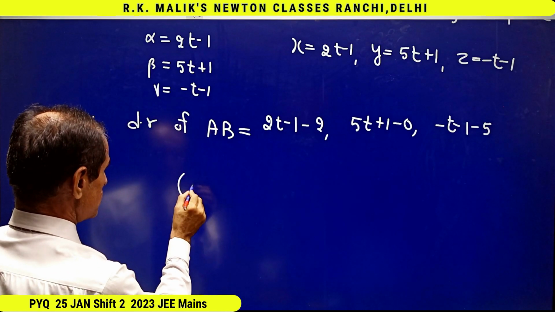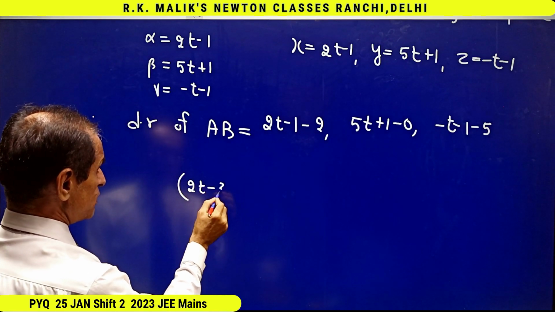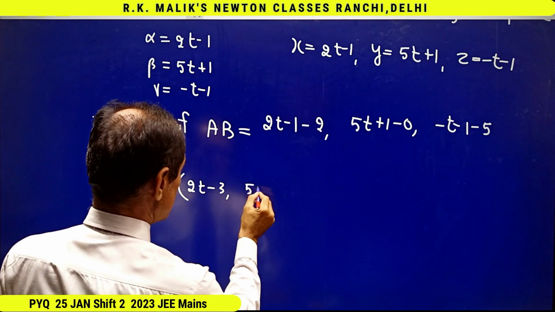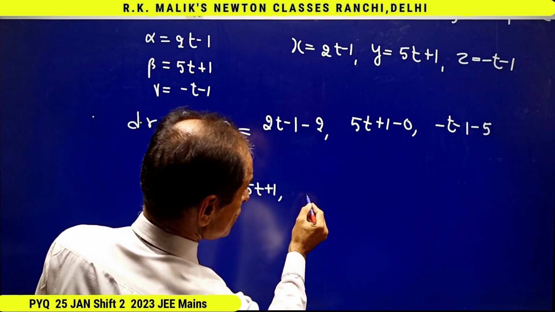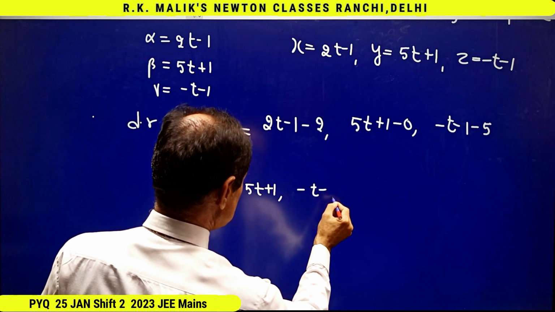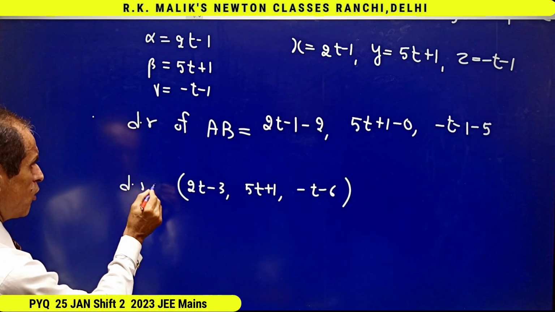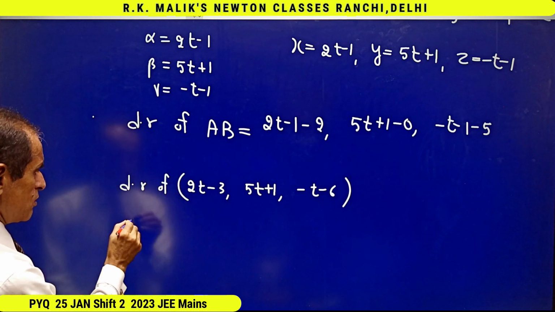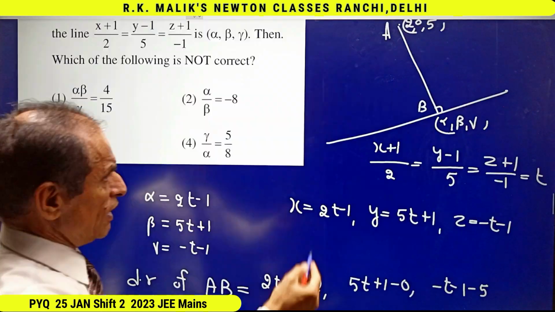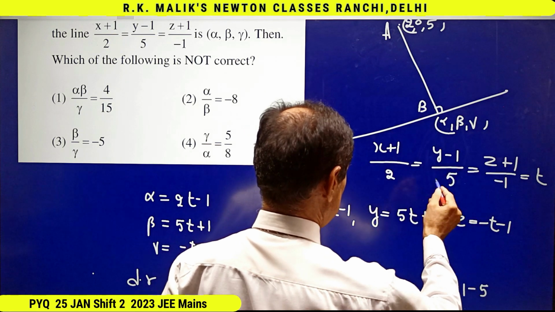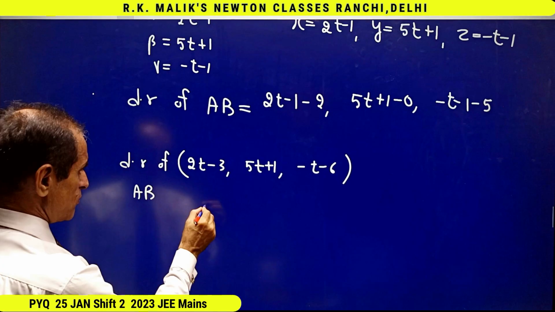That is, I get 2t minus 3, 5t plus 1, minus t minus 6. These are the direction ratios of AB, and the direction ratios of the line are 2, 5, minus 1.